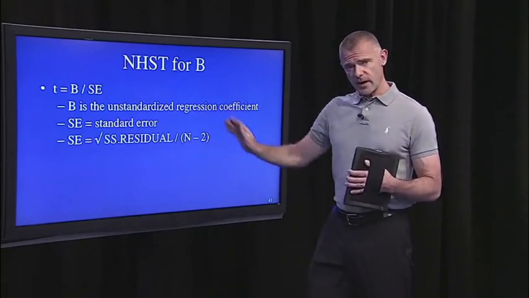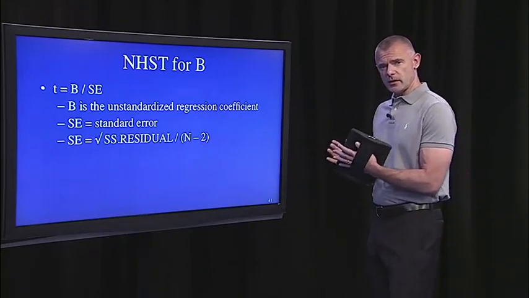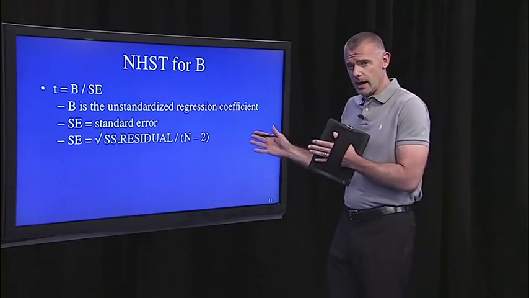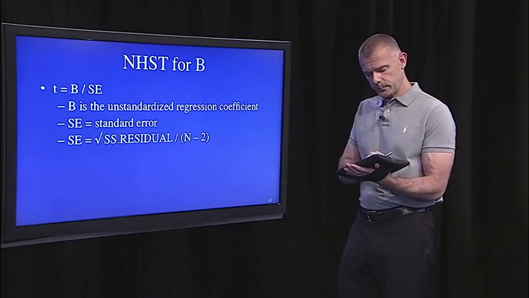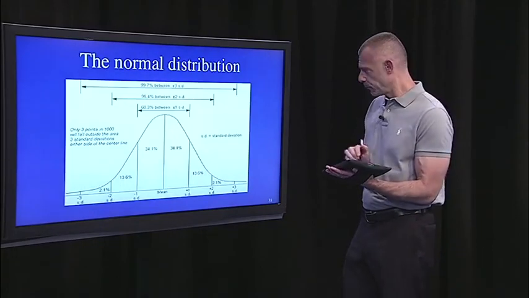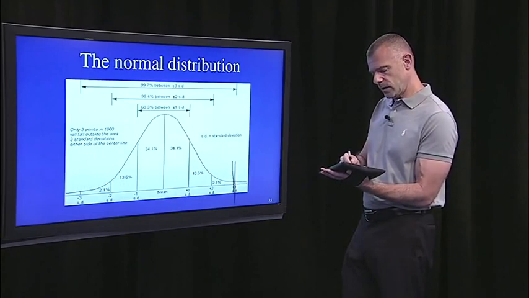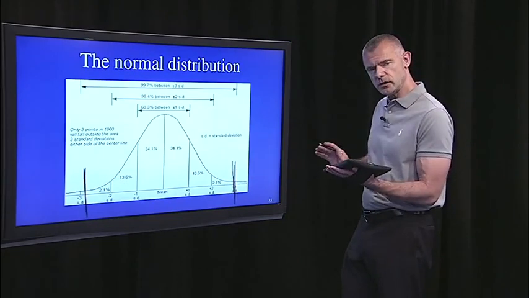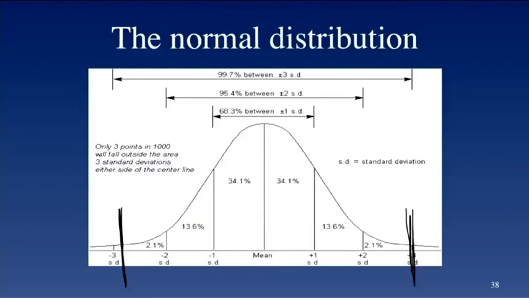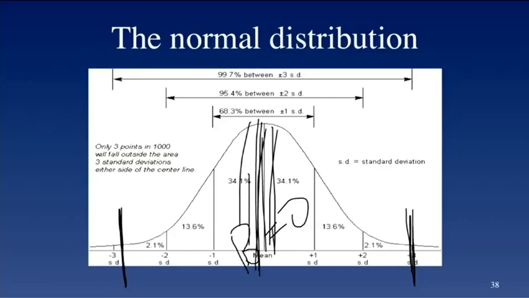This is a way we'll get a t-value, and if that t-value is really extreme, either really high or really low, then we'll be out in the extreme ranges of this normal distribution. If we're assuming this normal distribution and we're assuming that the correlation or the regression coefficient is 0, then if I sampled over and over again, I should get regression coefficients that are all around 0.